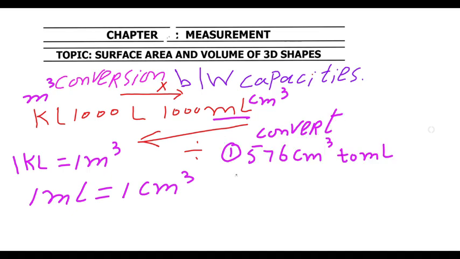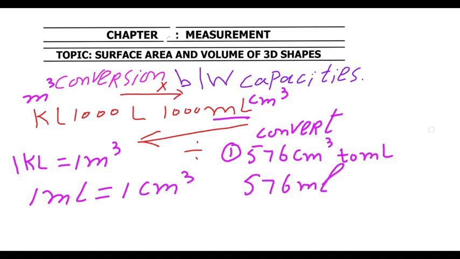I need to convert 576 centimeter cube to milliliter. How am I going to do it? Easy, because 1 milliliter is equal to 1 centimeter cube. They are the same. So it's going to be 576 milliliter.